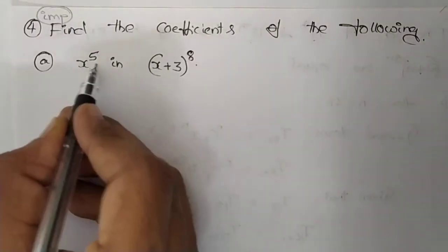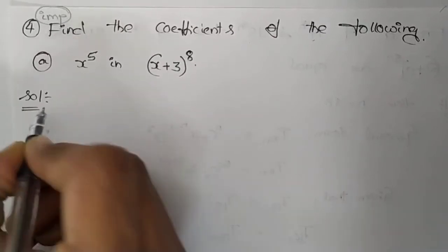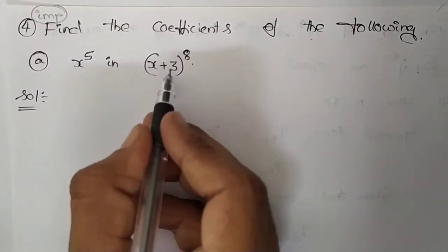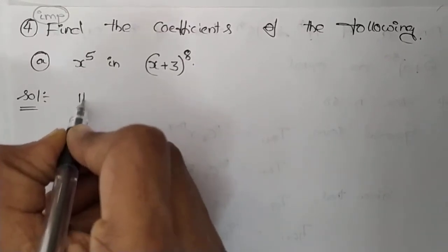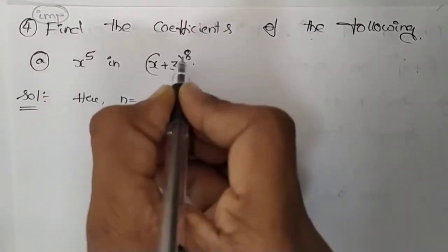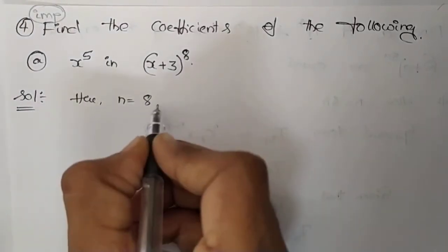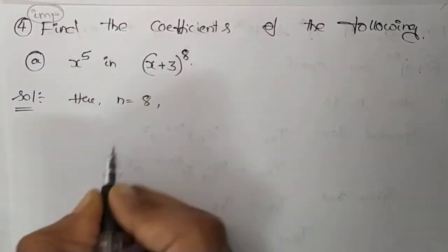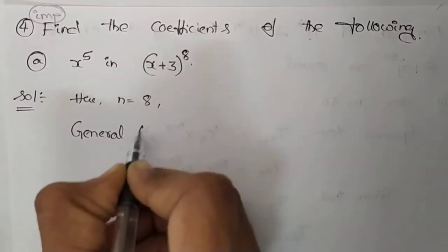So first question, x power 5 in (x + 3) whole power 8. Solution: before that, write its general term. Here n equals 8. Now write its general term.